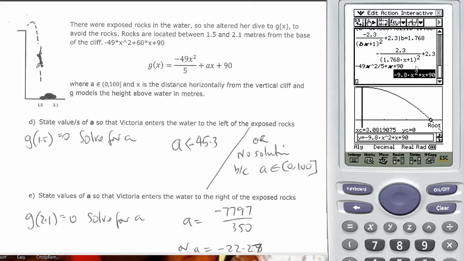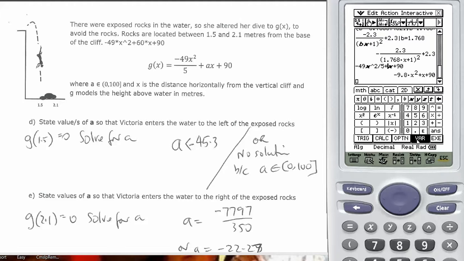So if I go up to here, bring up my keyboard, put in a variable a, I make it given x equals 1.5, and I actually want that to equal 0.